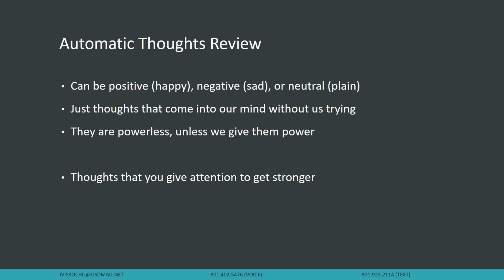So the ones that you give more attention to, the ones that you pay attention to or think about a lot, those are the thoughts that are going to get stronger. Whereas the ones that you let go of, those get a lot weaker. A lot of people compare themselves to others, thinking, "Those guys don't have the same issues that I do with anxieties or with depression.